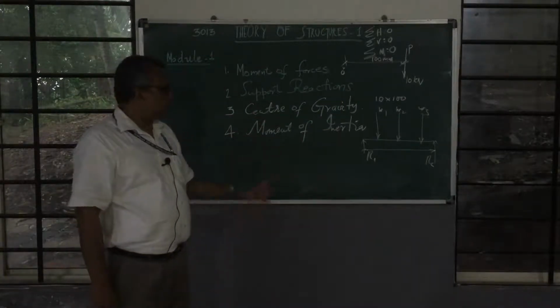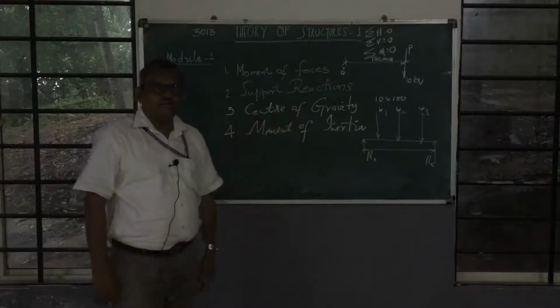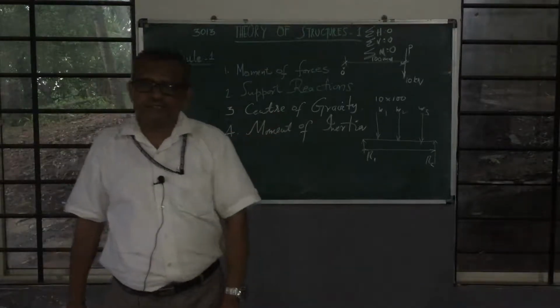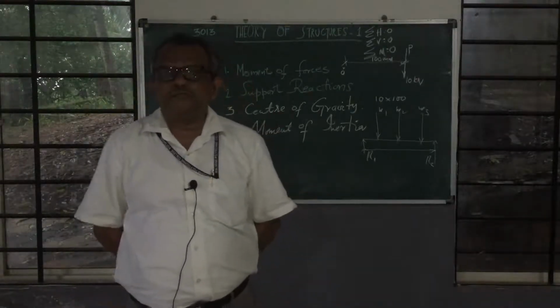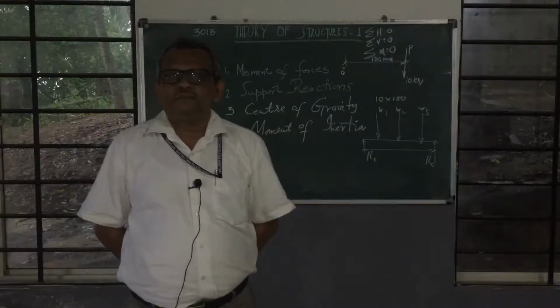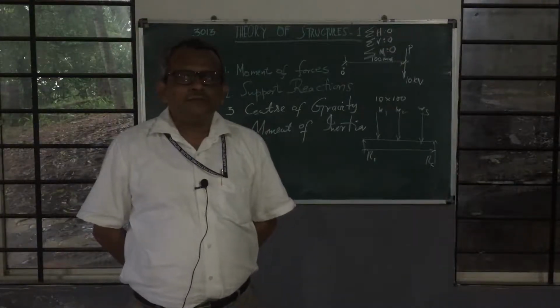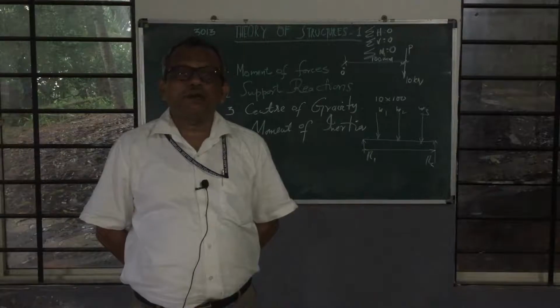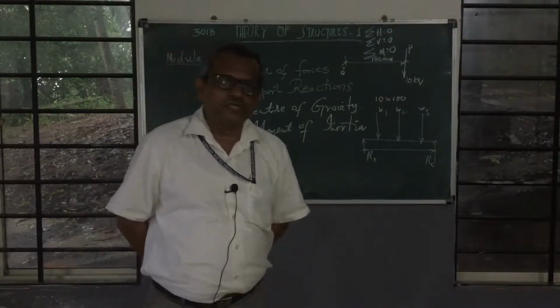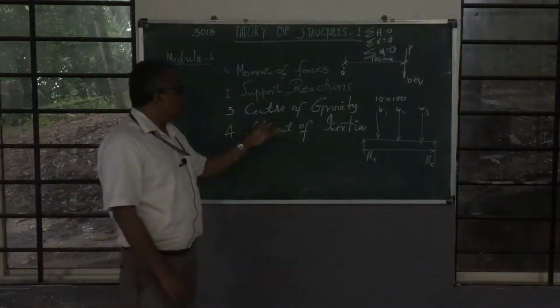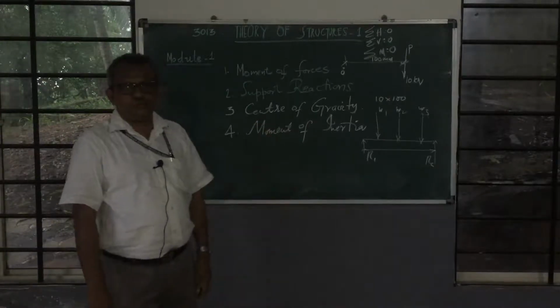That's the second topic. Now come to the third one, center of gravity. It's a very familiar term to you, center of gravity or centroid. You might have heard these two terms in physics. What is the difference between these two?